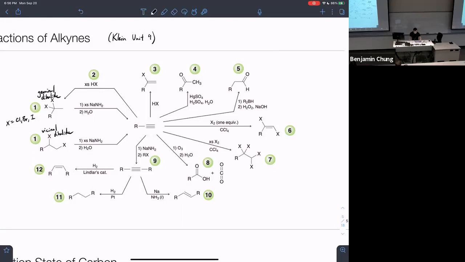It's important that you use excess sodium amide because you end up generating the deprotonated alkyne after step 1, which means that you have to reprotonate it during a workup process to get to the desired product.